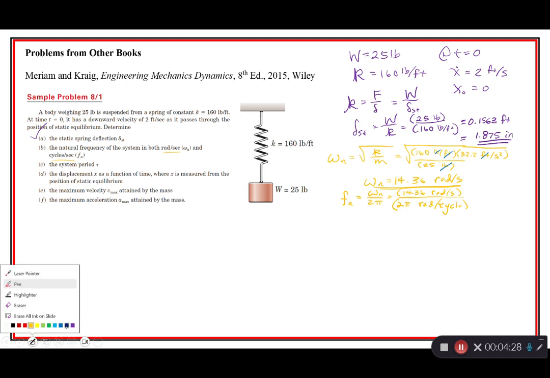And you can see that we get the radians out of there. We end up with cycles per second. So we end up with 2.285 cycles per second, which are defined by a hertz.